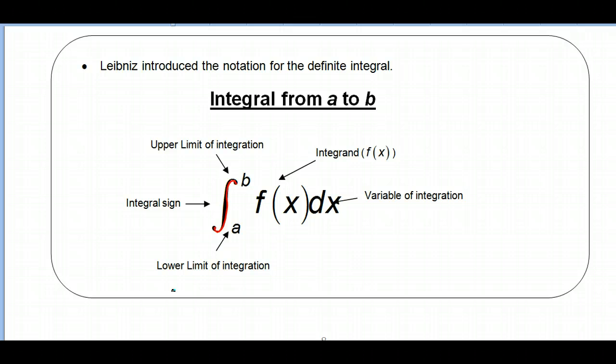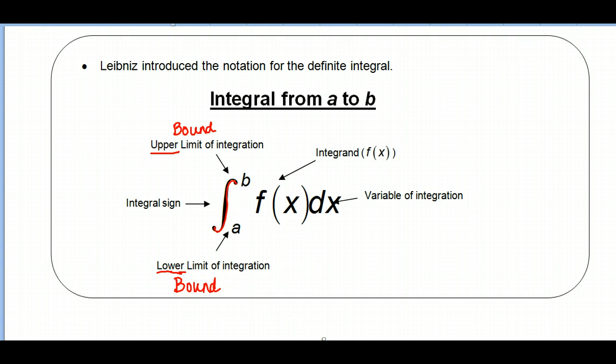We have a lower limit of integration, that's A, our lower bound, and then our upper bound. You might hear me say bound instead, because that's where the curve starts and stops. A is our starting point, B is our ending point. The integrand is whatever function we have here. When I say my integrand, that's what I'm integrating.